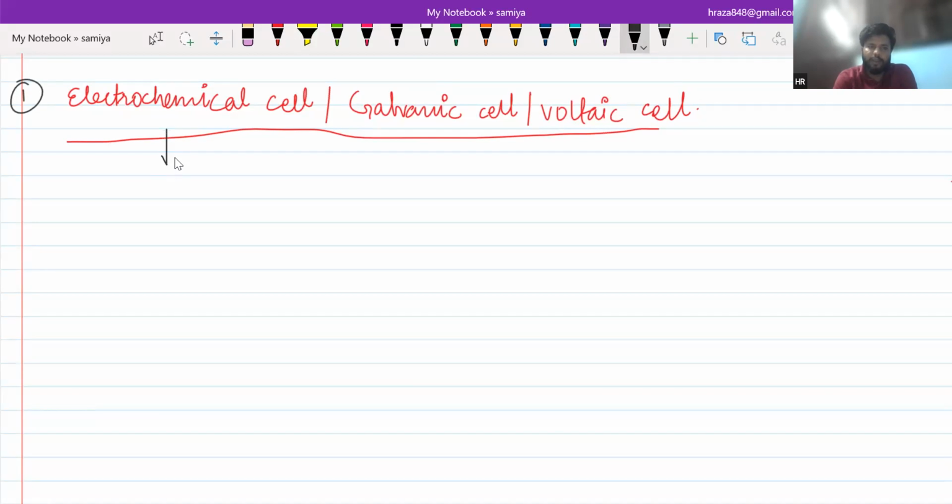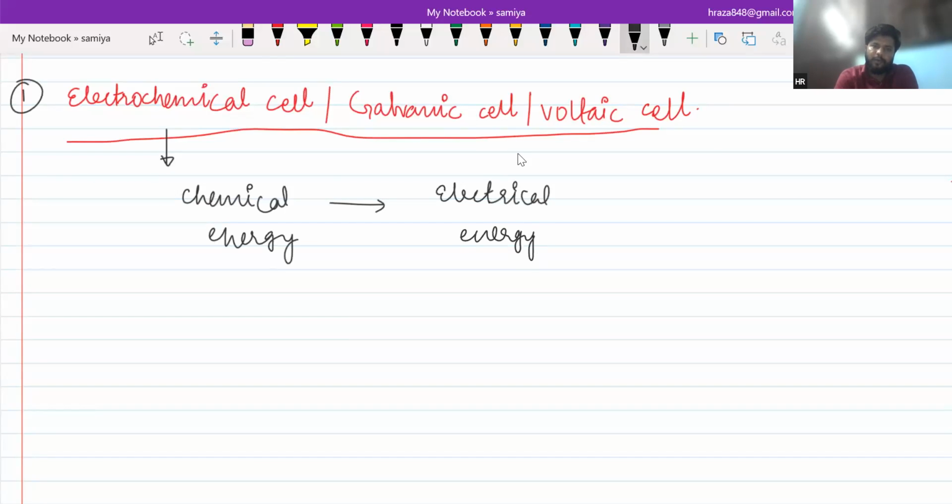What does this electrochemical cell do? Basically, it converts chemical energy into electrical energy. For your information, I already taught you what electrochemistry is.